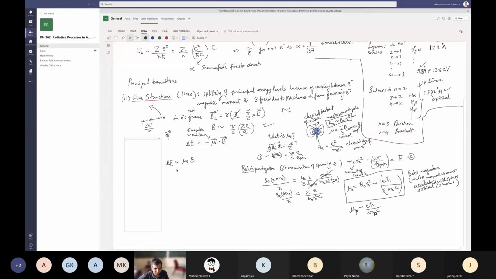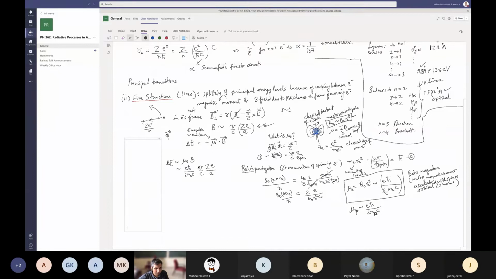We have mu_e is e ħ by twice m_e c. And what is B? B is nothing but v by c, this expression, times Ze by a, where a is the radius of that orbit.